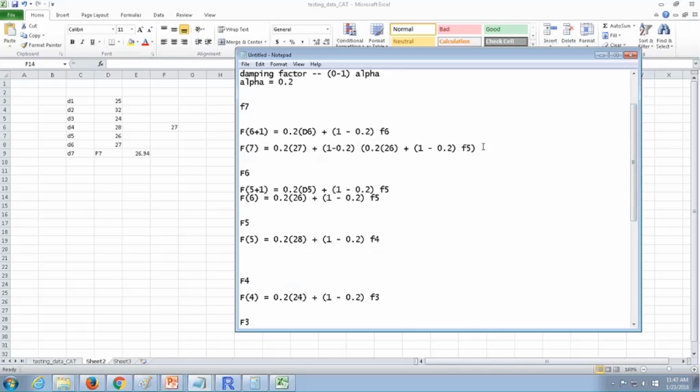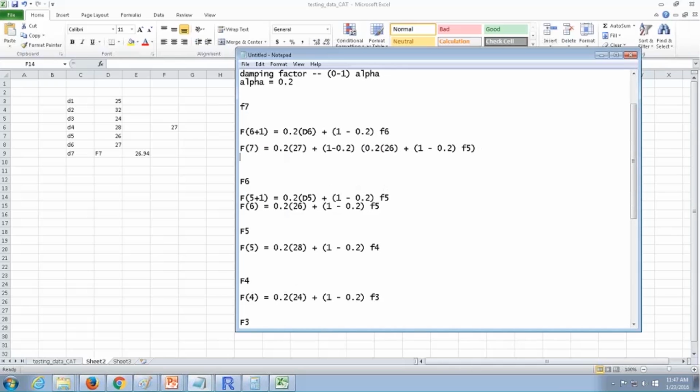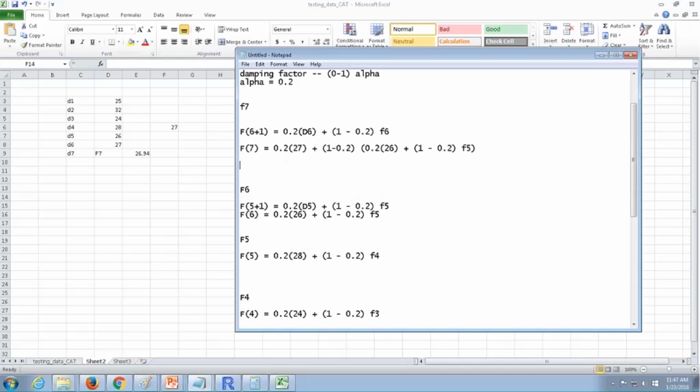Okay. Now if you are looking at the weights, how it goes is, the weight goes in an exponential way, it gets decreased. What is the first weight assigned here? I'll put this in terms of a formula so that it becomes clearer. For an F6, it is actually alpha into D6 plus 1 minus alpha into, sorry, this is alpha into 1 minus alpha.